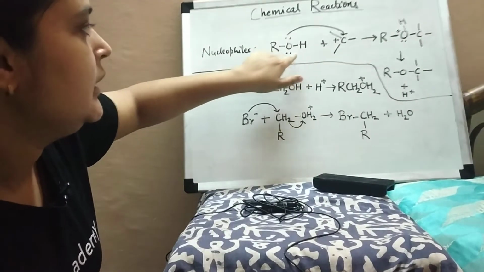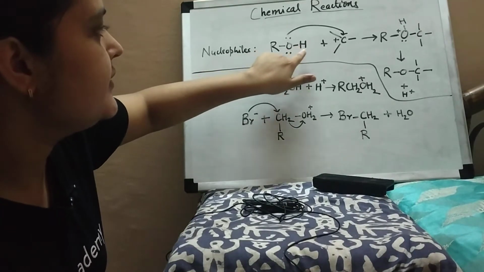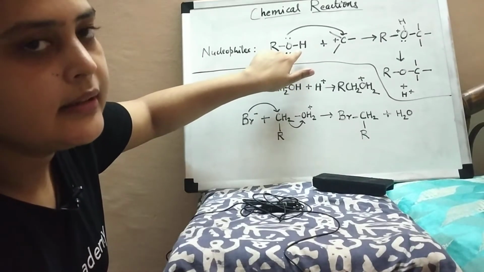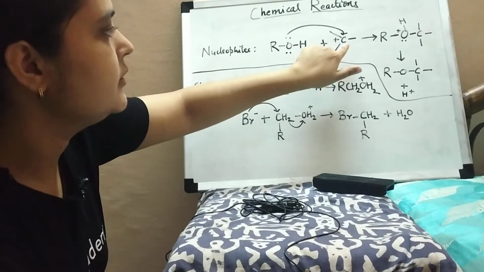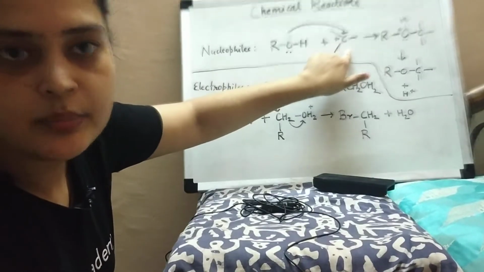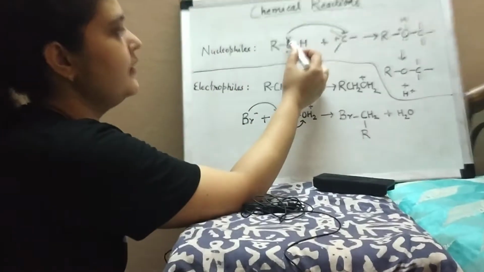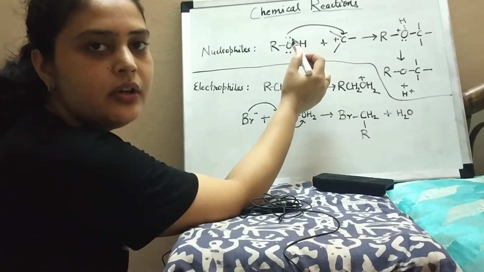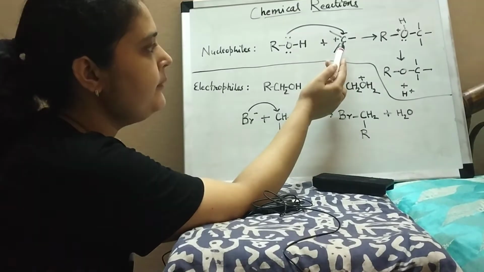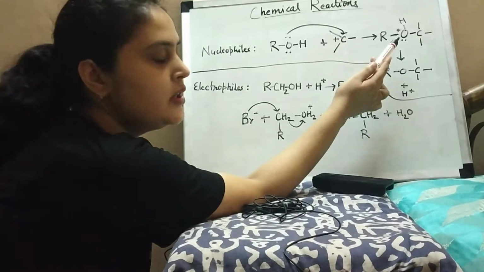See how. This is an alcohol molecule and here it is reacting as a nucleophile, meaning it is donating its electrons to the electrophile, and here we are taking the electrophile as a carbocation. Oxygen has a lone pair of electrons, so it donates its electrons to the carbocation, and oxygen gets a positive charge.